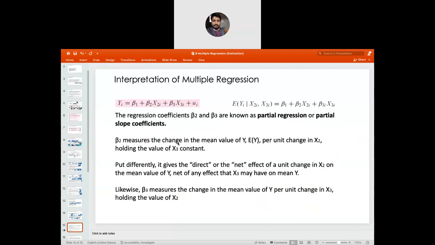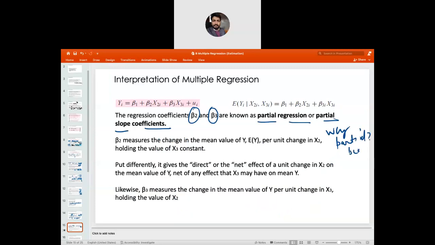So now these beta 2 and beta 3 are known as partial regression coefficients or partial slope coefficients, right? So why partial? Because beta 2 measures the change in mean of y per unit change in x2, holding x3 constant.